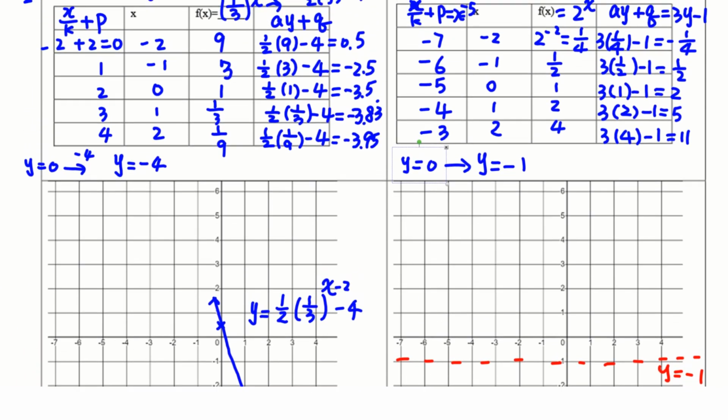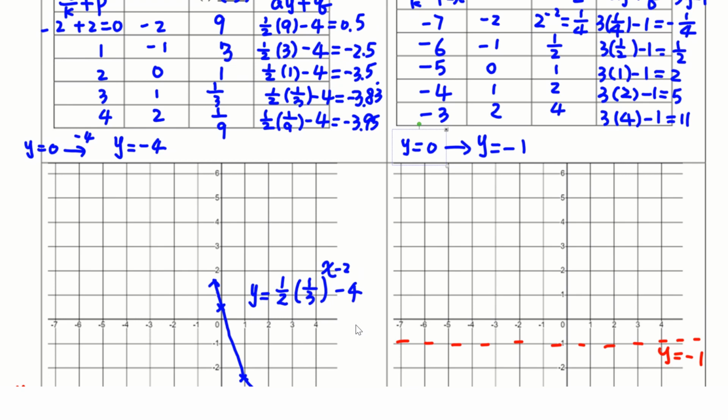Then the first point is -7, -1/4, -6, 1/2, -5 is 2, -4 is 5, and -3 is 11. I think the first point is not perfect. It's -1/4.